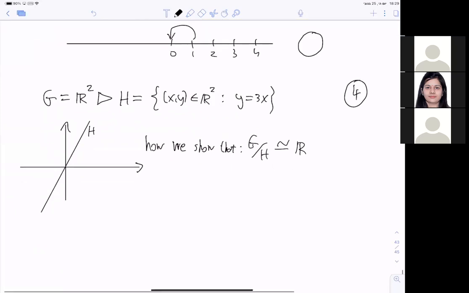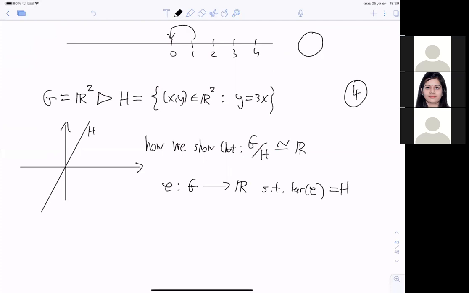The method is as follows. You just have to define some phi from R2 to R such that the kernel of phi will be exactly H. And then this is the first isomorphism theorem.